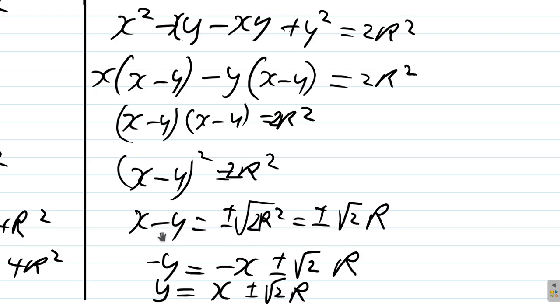When we subtract x from both sides and then multiply both sides by negative 1 to move from negative y to positive y, y is equal to x plus or minus the square root of 2 times r. So that is the envelope.